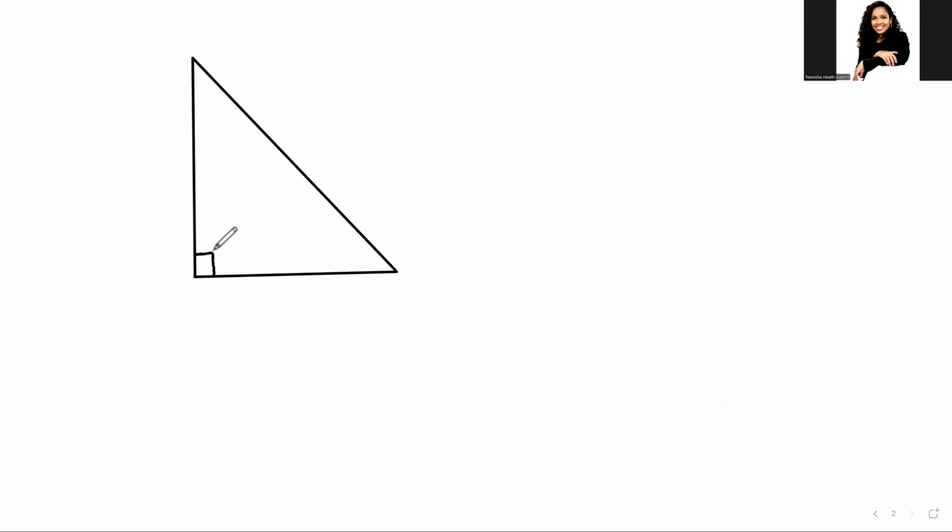Suppose this side is 15 centimeters, this side is 12 centimeters, and this angle here is 30 degrees. Sorry, let's find an unknown side first. Because this is a right angle triangle, I can use Pythagoras' theorem to find this unknown side. Can anybody recall what Pythagoras' theorem is?